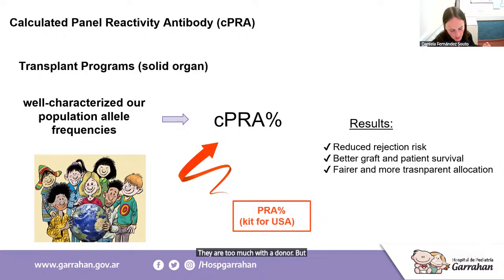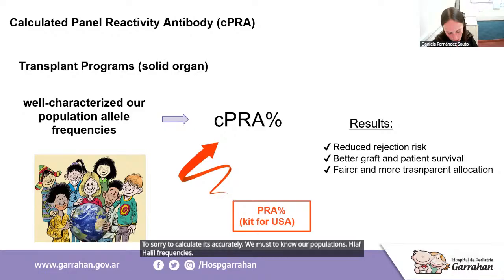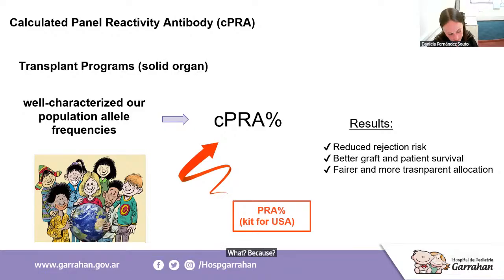But here's the key: to calculate it accurately, we must know our population's HLA allele frequencies. Why? Because these frequencies determine the weight of each antigen in our populations, allowing us to tailor organ allocation to our country's genetic reality.